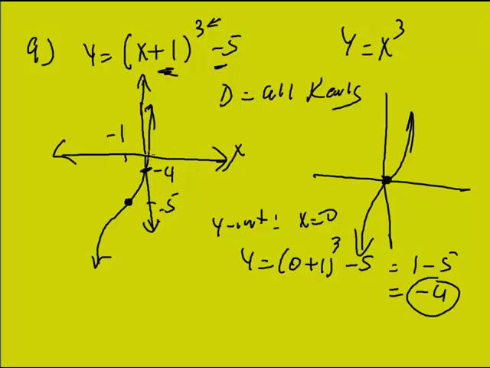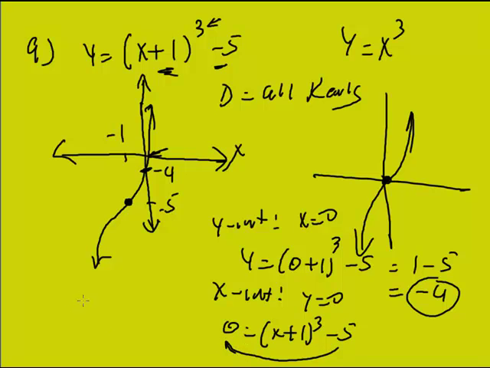Now I have to find out where it crosses the x-axis. How do I find my x-intercept? I set my what equal to 0 now. Y is equal to 0. So 0 is equal to x plus 1 cubed minus 5. Take the 5 to the left. I'm going to get 5 is equal to x plus 1 cubed. How do I get rid of the cube?